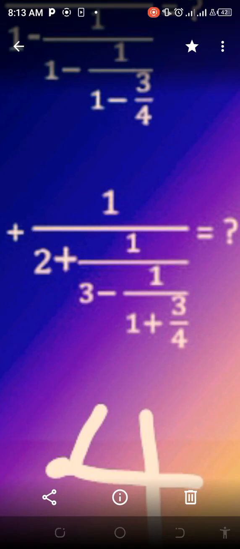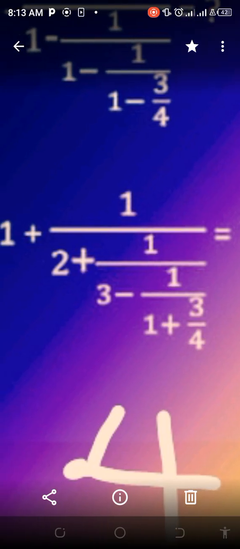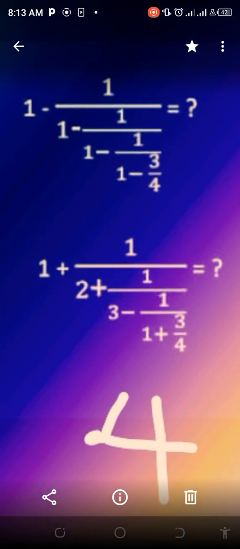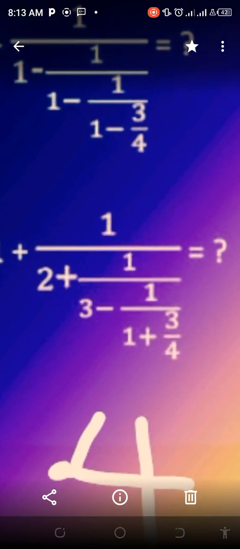The second ladder is 3 minus. The third ladder is 2 plus. And the fourth ladder is 1 plus. So it can come out in this way, while the numerators from the first ladder is 3, the numerator for the second ladder is 1, 1, 1.